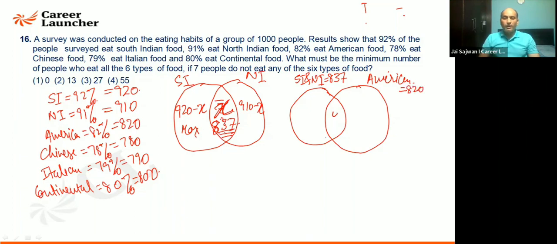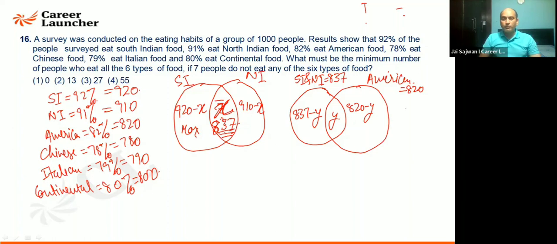Say Y is the common number of people who have both. So 837 minus Y are the people who have only South Indian and North Indian, but not American, and 820 minus Y are the people who have only American food.